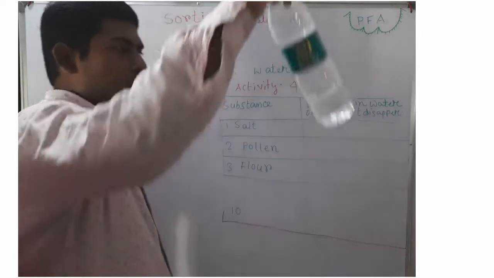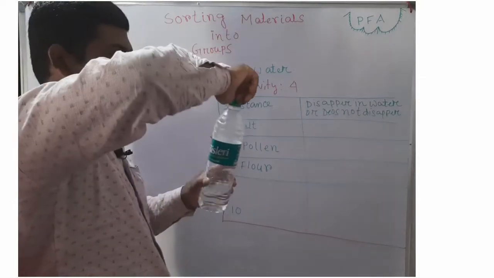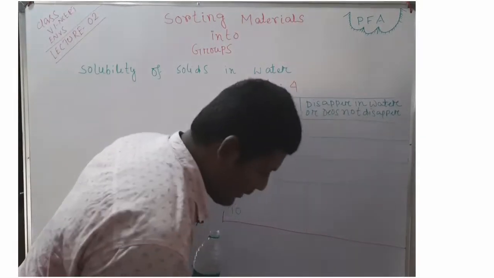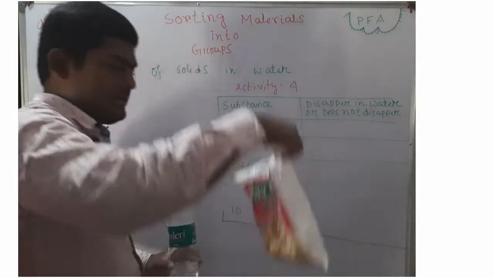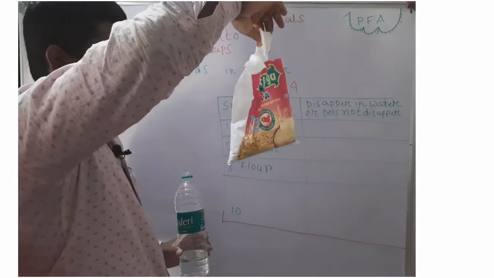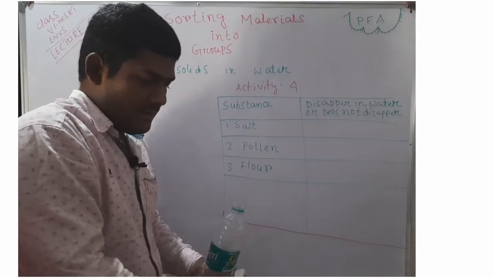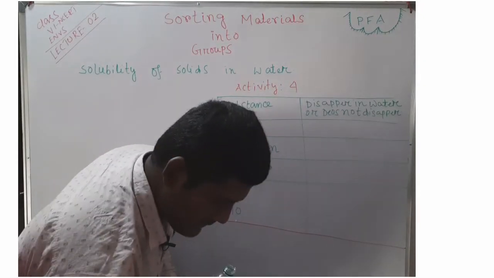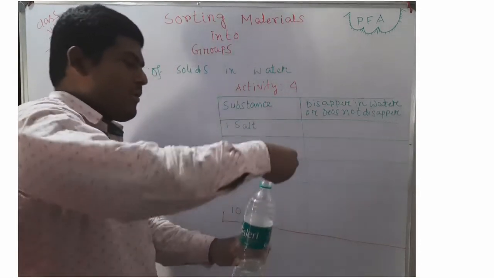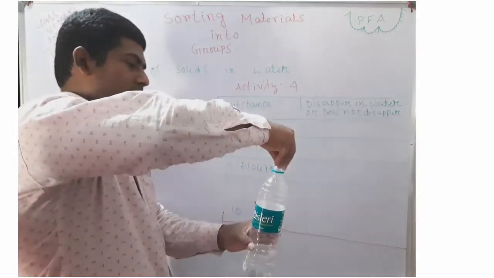Now we will take help of this bottle. Now take some amount of flour. This is flour or atta. Now we will pour some flour into this bottle.